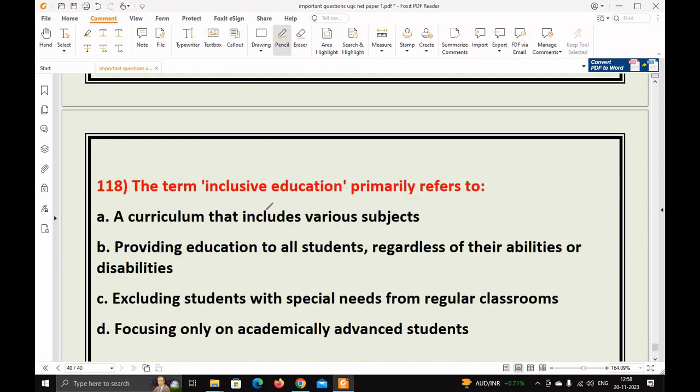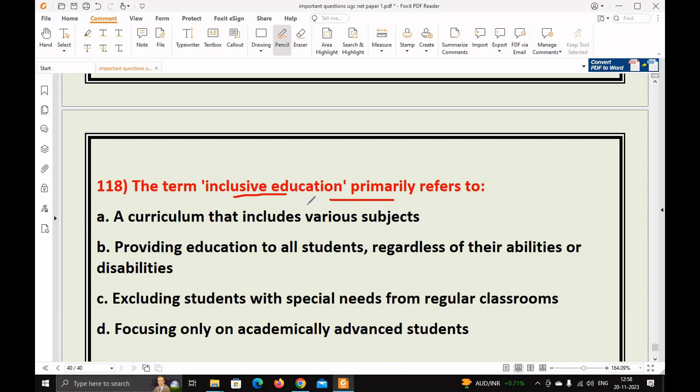Next question. The term inclusive education primarily refers to. Options: a curriculum that includes various subjects, providing education to all students regardless of their abilities or disabilities, excluding students with special needs from a regular classroom, focusing only on academically advanced students.